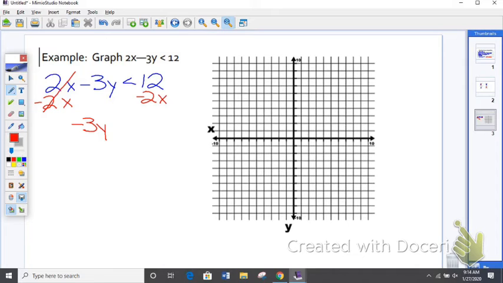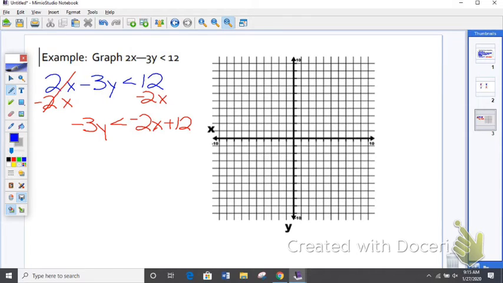Do we keep our inequality or do we have to flip it if we're subtracting from both sides? We're going to keep it. Need to remember those inequality rules from first semester. Again, I always like to write my x term first, so negative 2x, and then my positive 12.